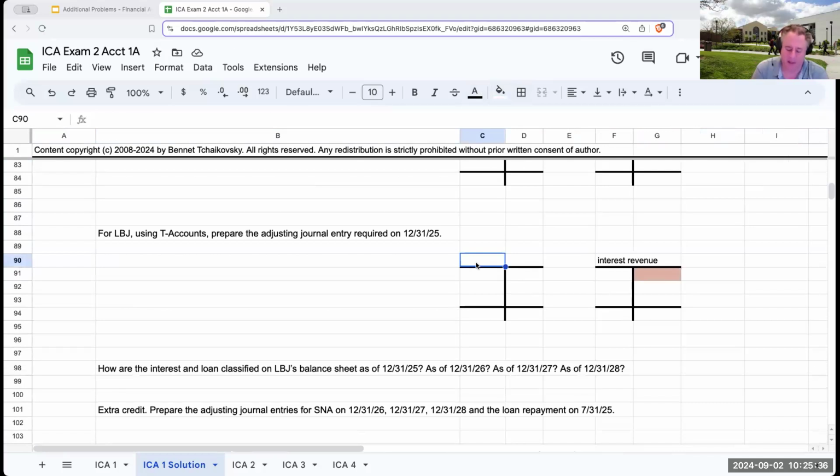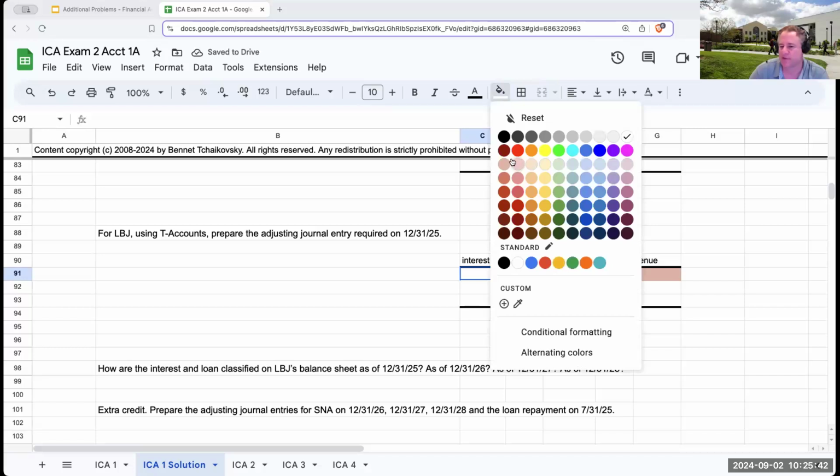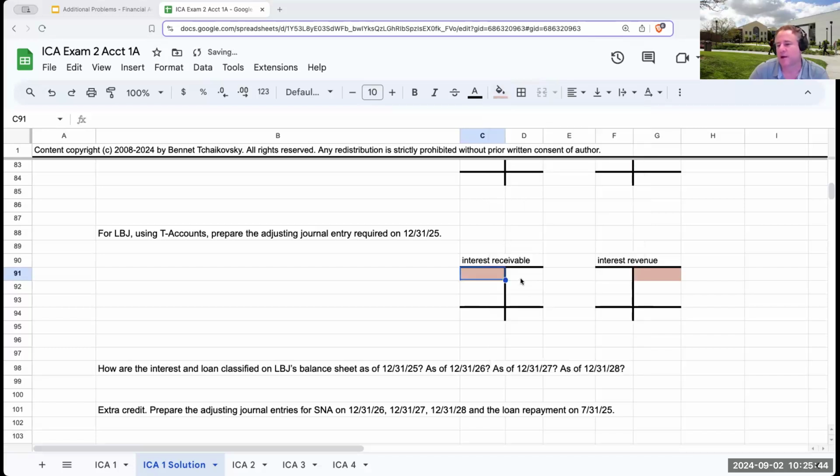So what we're going to debit is interest receivable, to show the amount that we are owed. So we gave somebody money, even though they're not going to be paying us back from August 1st through December 31st, we've earned whatever that interest amount is.